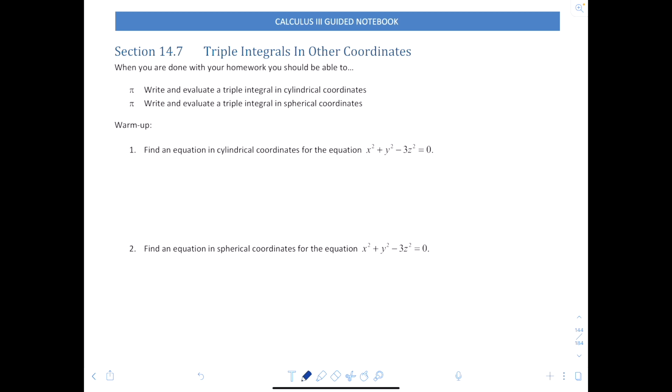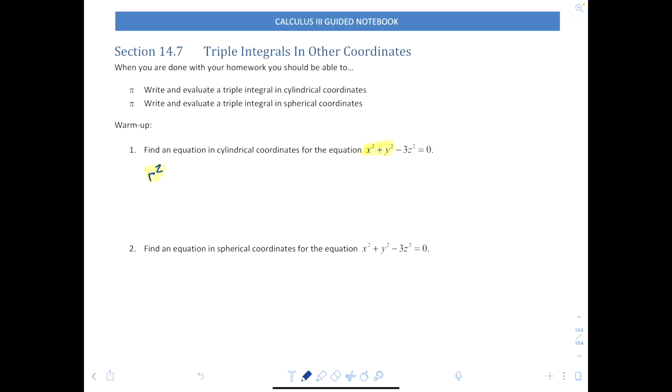Okay, let's see how you did. One thing to remember is that x squared plus y squared is beautiful r squared. So if you look at this part of the equation, we get our r squared.